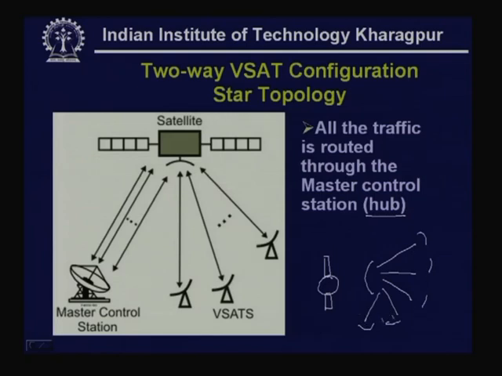All the VSATs are communicating through this master control station or hub. So, this hub is acting as the center of the star topology, and the communication is done in this way. So, this is the star topology that is being used.